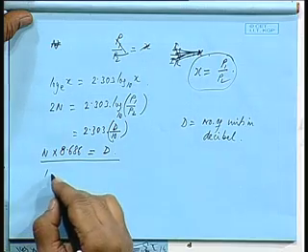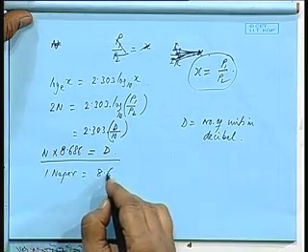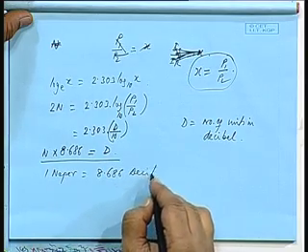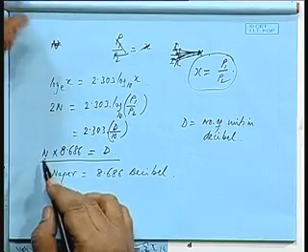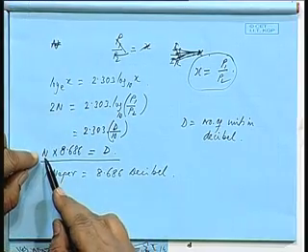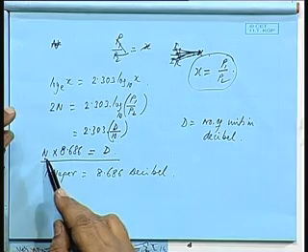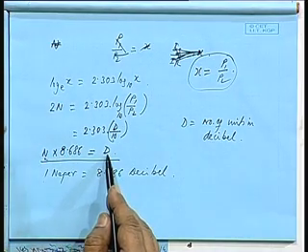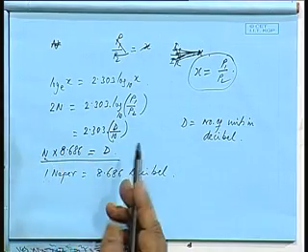That means 1 Neper is equal to 8.686 decibel. Mind you, n is the number of units. So, if the number of units is small, then multiply by 8.686 you get the number of units in decibel. It is like 1 rupee corresponds to 100 paise.